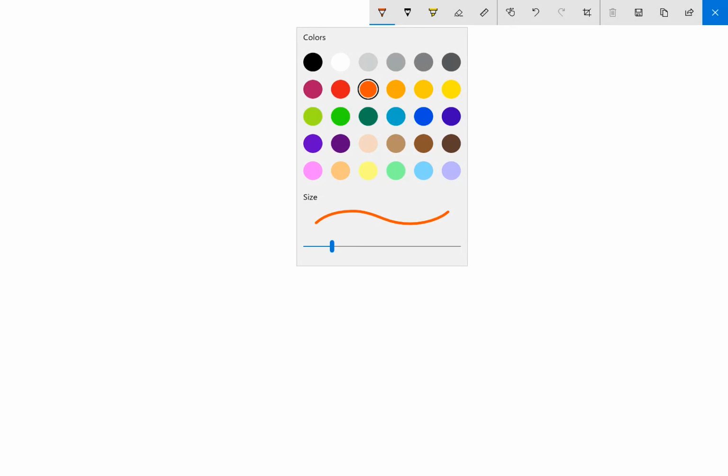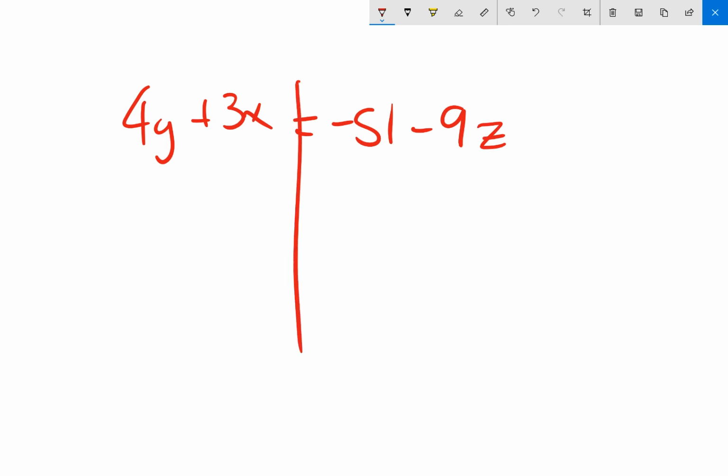I think the last equation in number 8 is already like that. But the first equation is 4y plus 3x equals negative 51 minus 9z. So here's the thing. I already have the x and the y on the left side as I want them to be. I'm just going to rearrange them so that the x term comes before the y term.